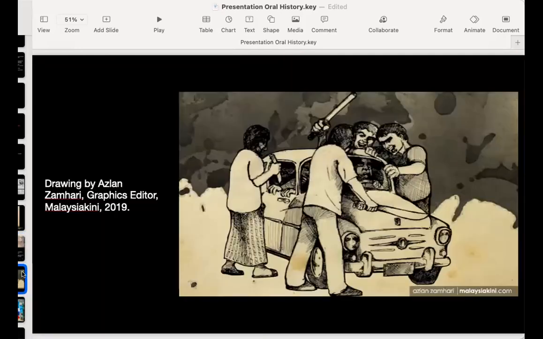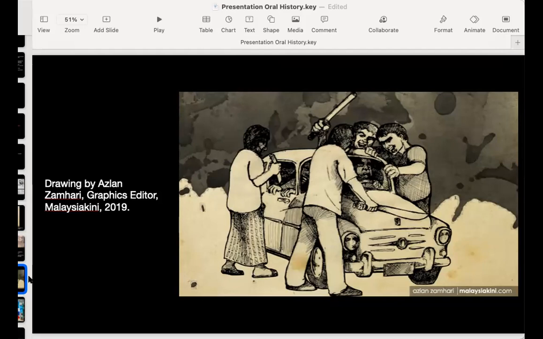And therefore, in I think Malaysiakini's oral history project that was done in 2019, two years ago now, they got the graphics editor Azlan Zamhari to create new graphics, comics that would help us visualize and understand the stories that they were able to compile of people who remembered living through the May 13th riots.